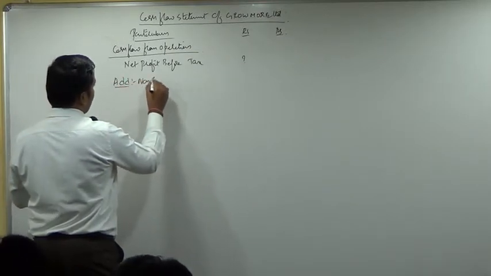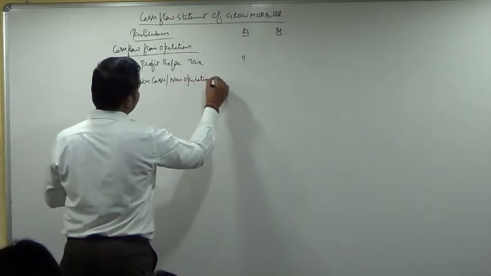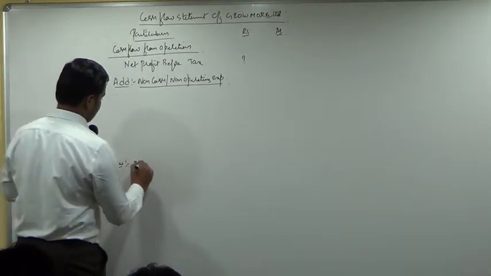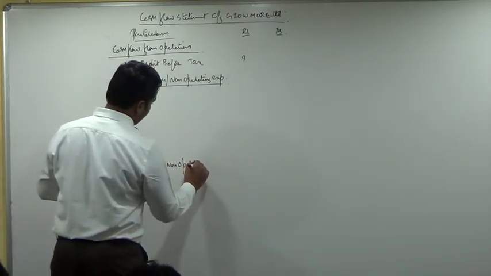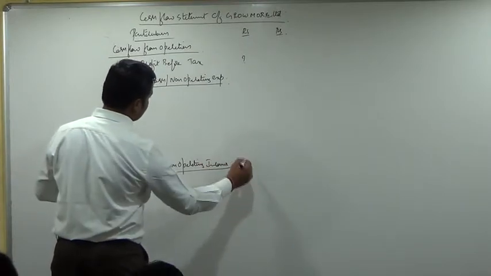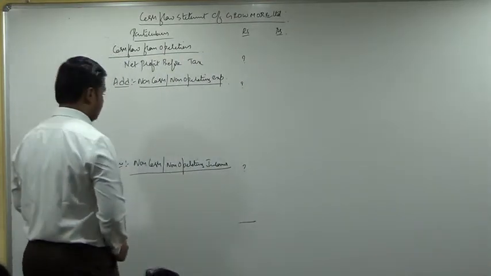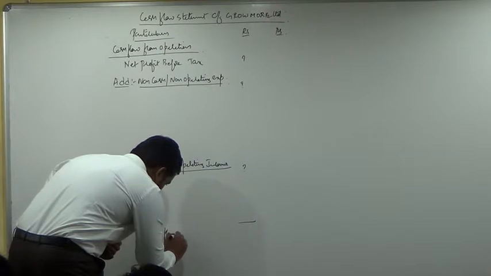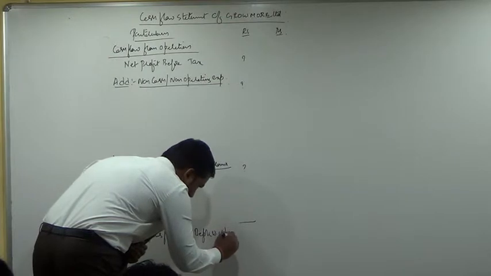Add non-cash, non-operating expenses, less non-cash, non-operating incomes. You will get cash flows from operations before working capital changes.